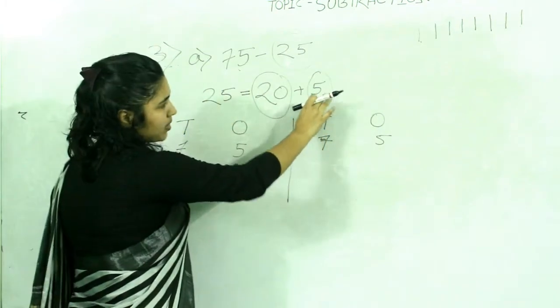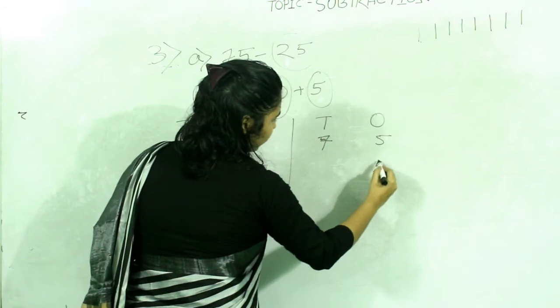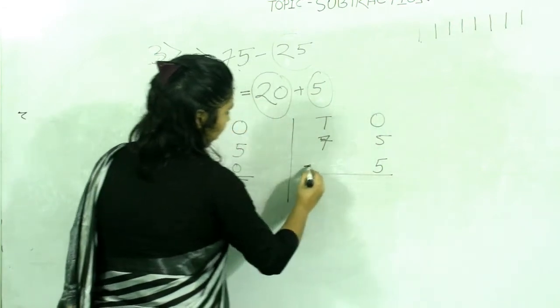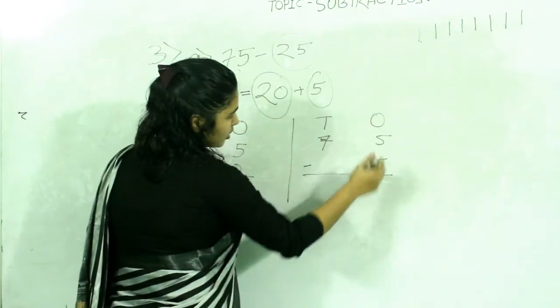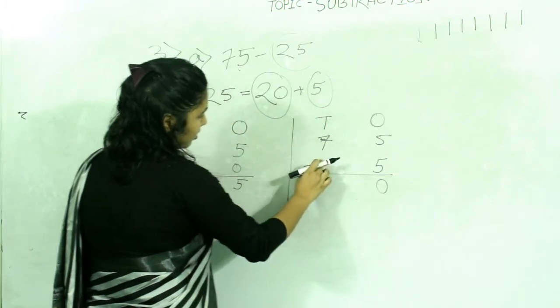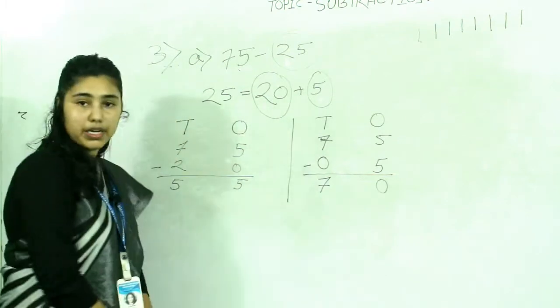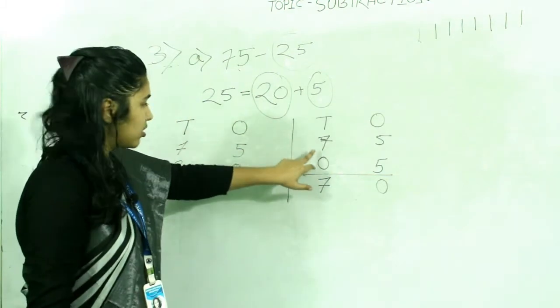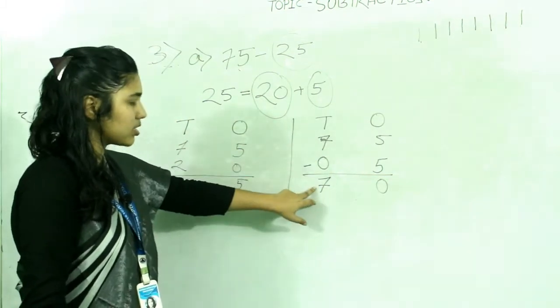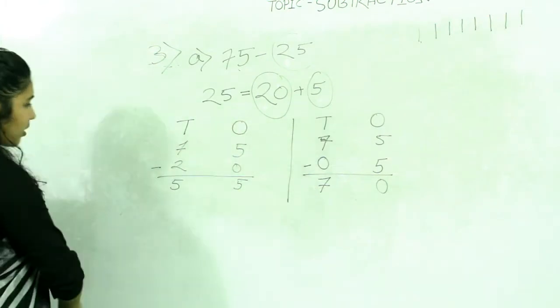In 5 there is only one digit, so put it here in ones place. Now subtract. So 5 minus 5 is 0, and here 7, because there is nothing, we have 0 here. So subtract 0 from 7, which is 7 itself.